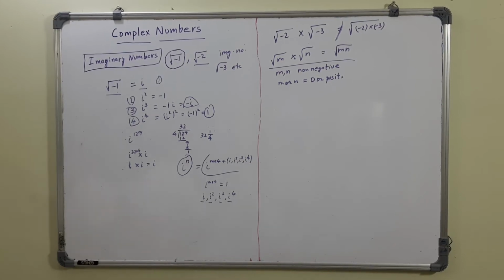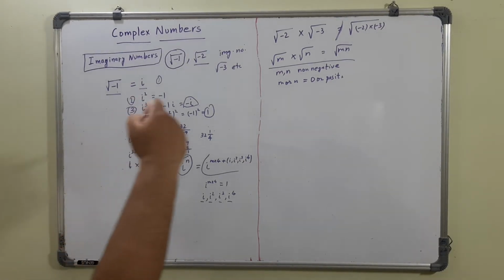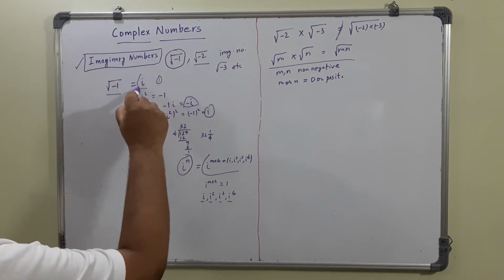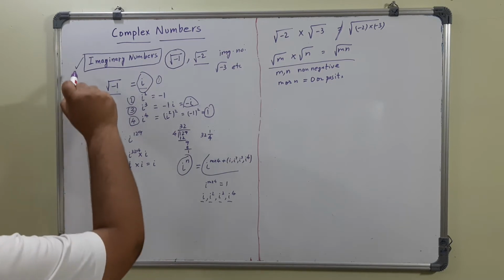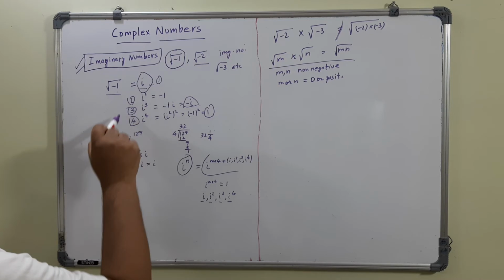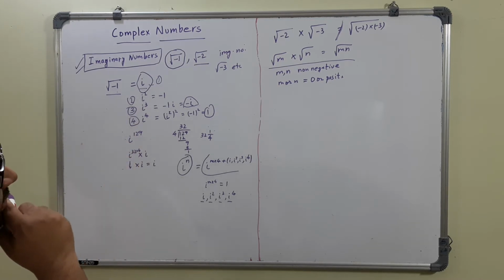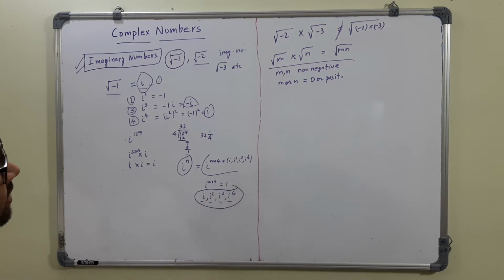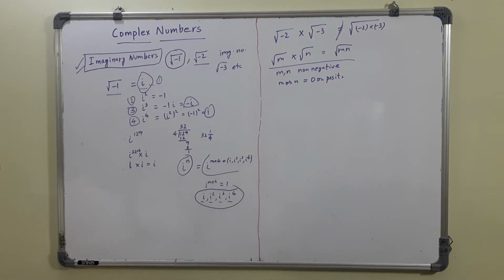Now, since we have learned about imaginary numbers and i, the 4 powers of i are fundamentals, and the rest depend on these 4 powers only. So we have learned this far.